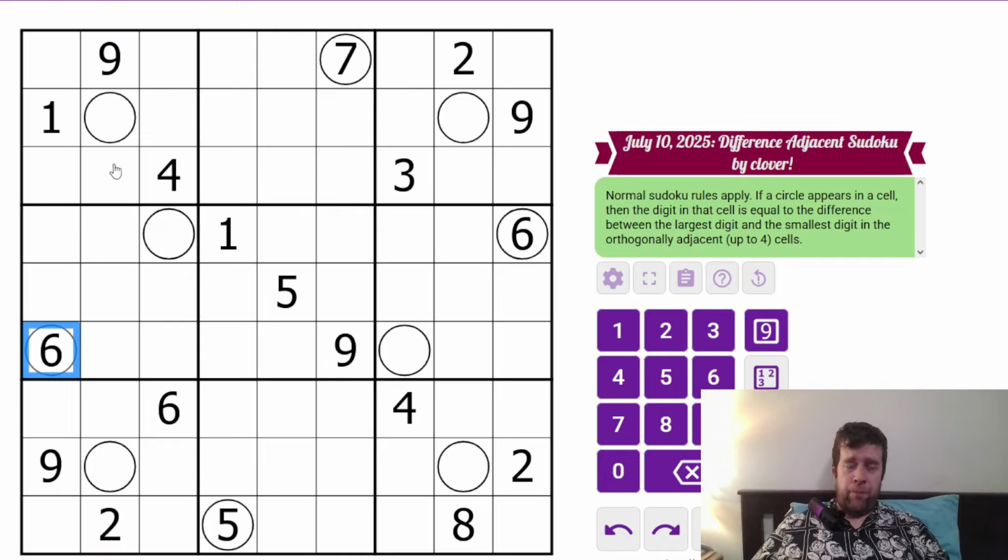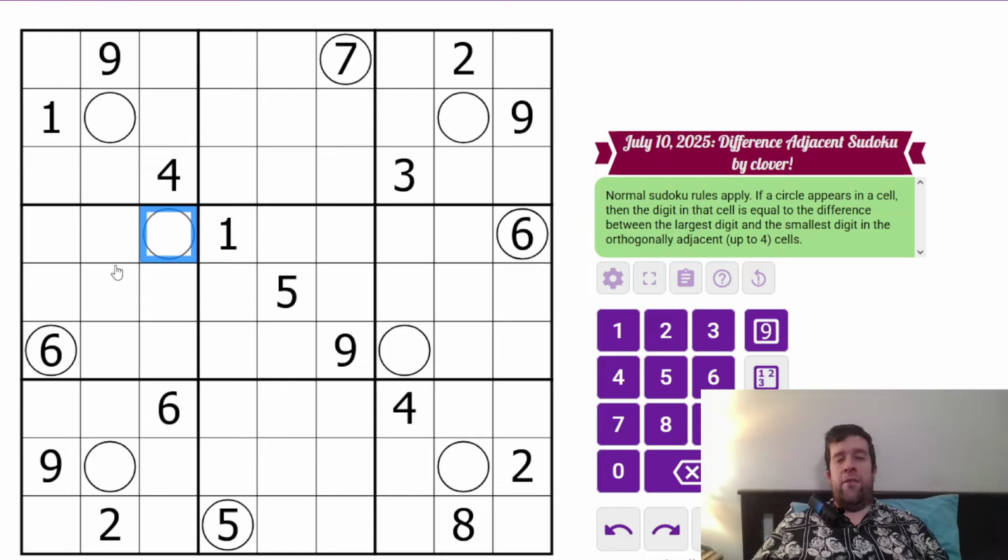Now, if a circle appears in a cell, so like cell like that one, or that one, or that one, or that one, then the digit in that cell is equal to the difference between the largest digit and the smallest digit in the orthogonally adjacent up to 4 cells.